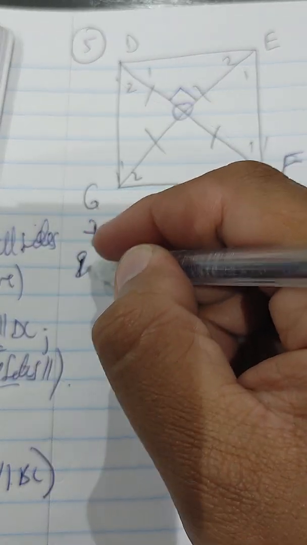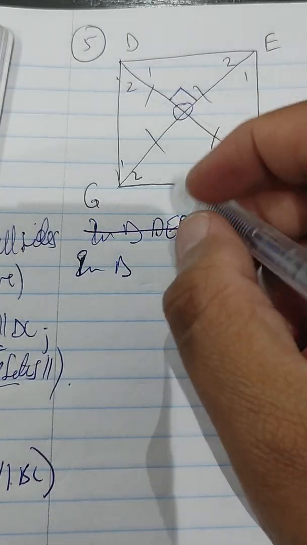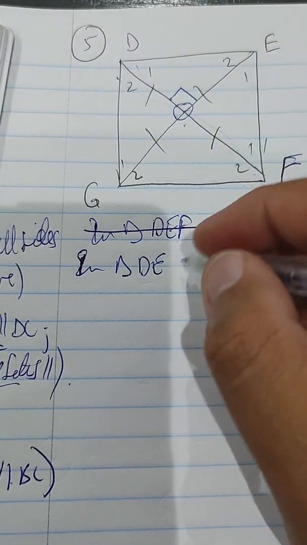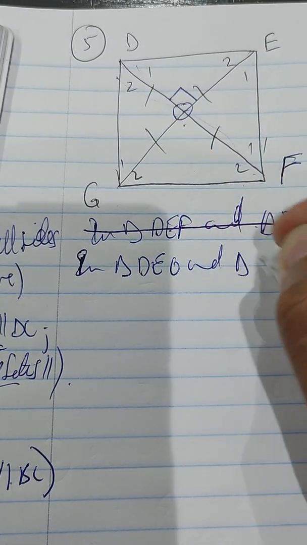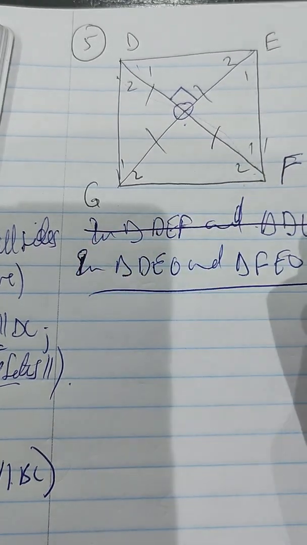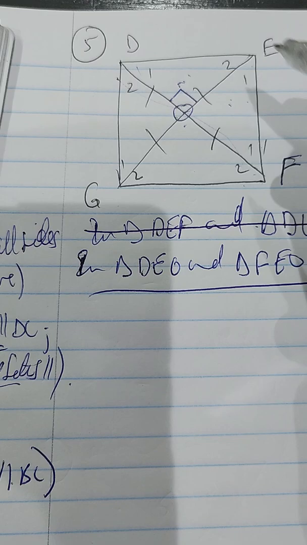So we say in triangle DEO and triangle FEO, I'll prove congruency here.